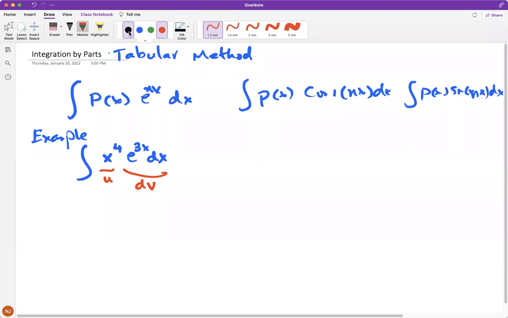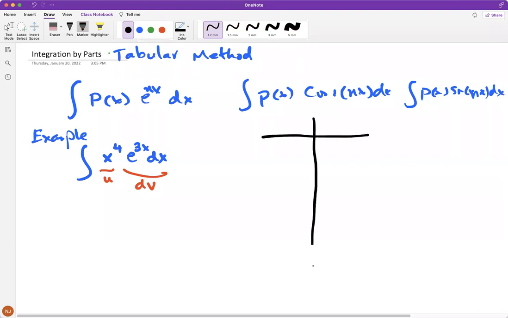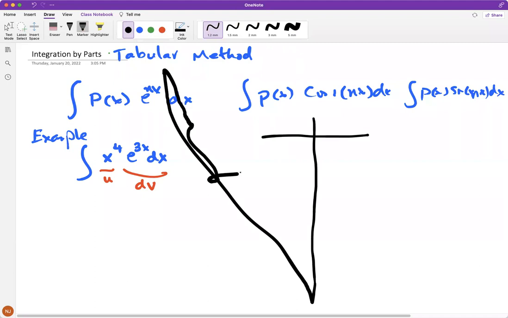If you write this in a nice, clean way in a table, it will look like this.